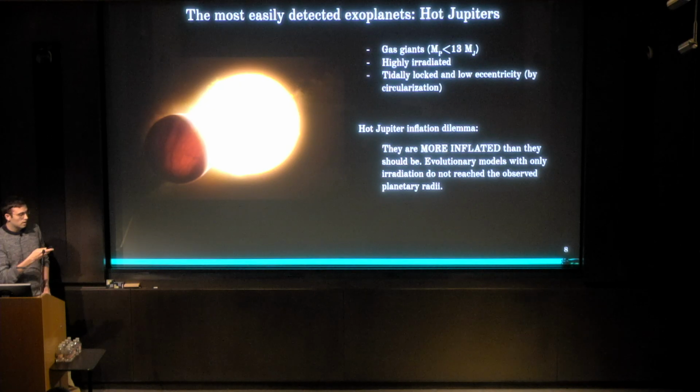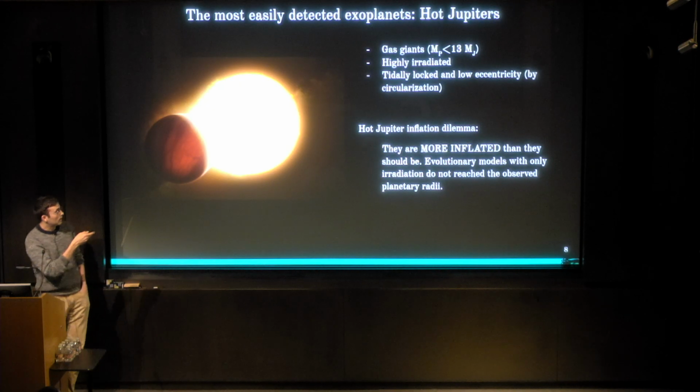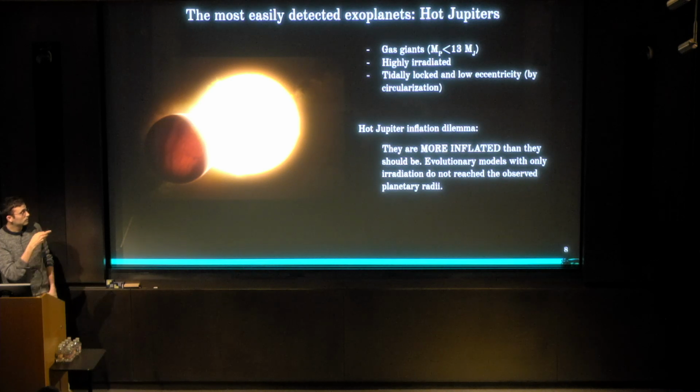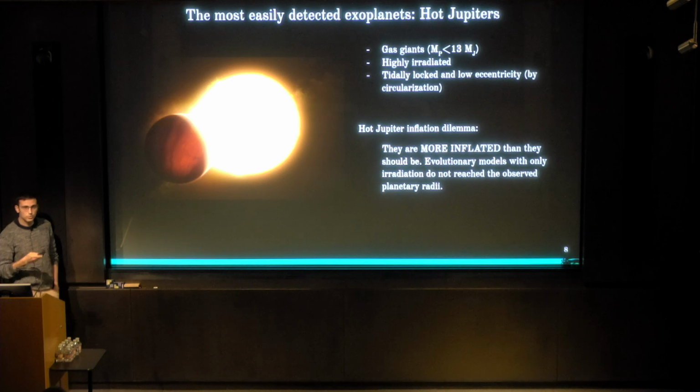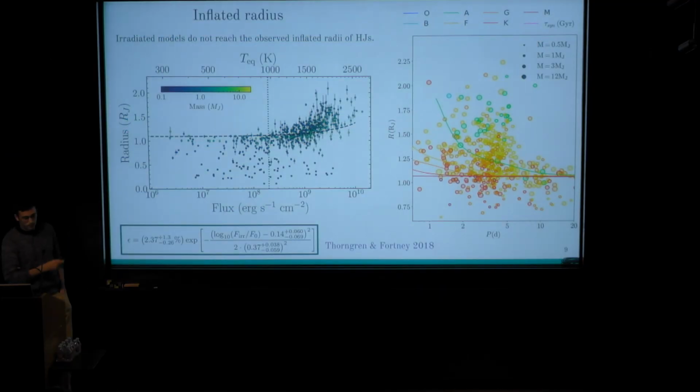So apart from these three things, they're highly irradiated, tidally locked, and have low eccentricities. There's one other fact, that they are more inflated than they should be. This is a plot showing the black line, the radius of the only-irradiated models, meaning that hot Jupiters are found to be larger than only-irradiated models expect.